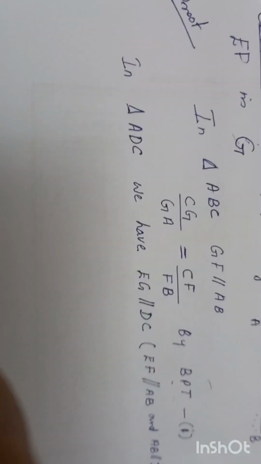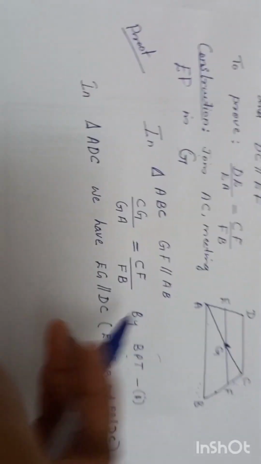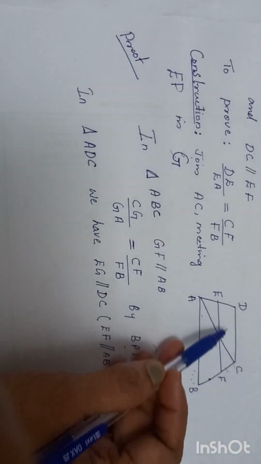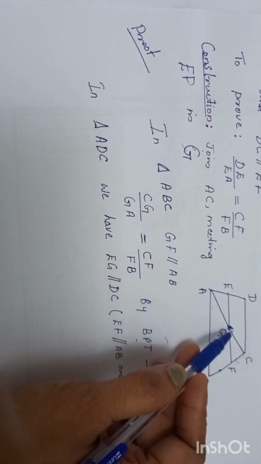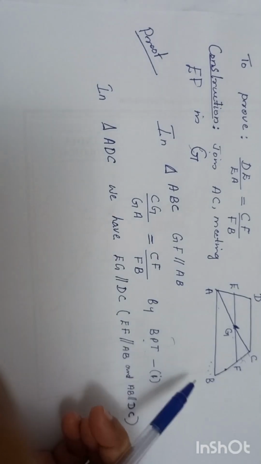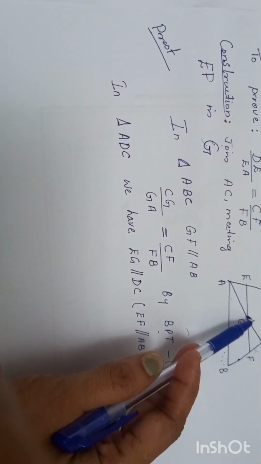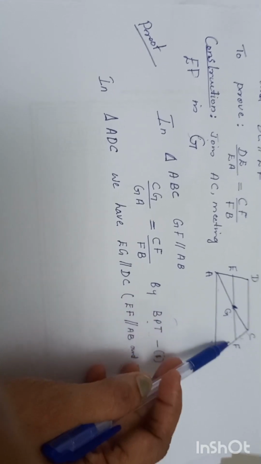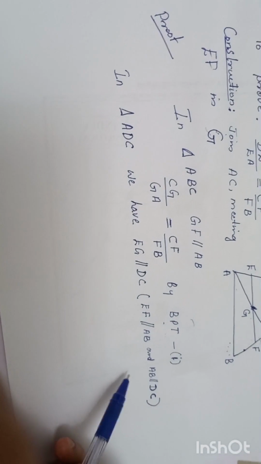Then in triangle ADC, EG parallel to DC, EF parallel to AB, and DC parallel to AB.